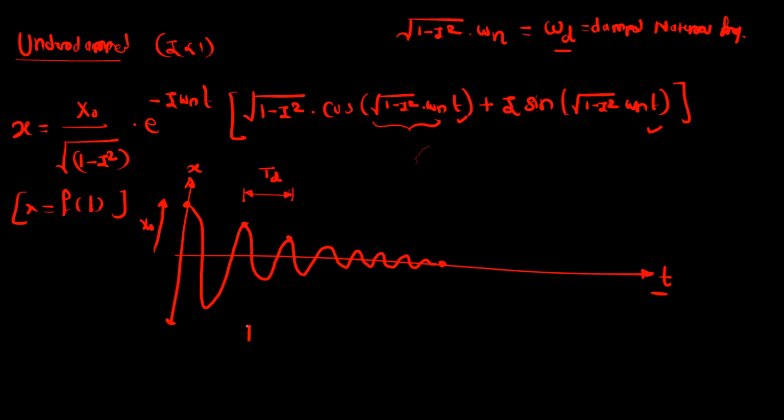We know that time period is equal to 2 pi upon angular frequency. Right now this is TD, so this will be omega d, and from this equation the angular frequency omega d for the damped vibration is equal to 2 pi upon TD.